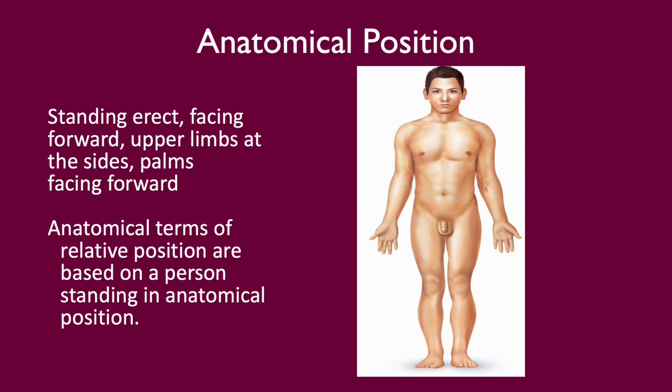Anatomical terms of relative position are based on a person standing in anatomical position. This is the correct way to stand. You will find this throughout your books for studying anatomy and physiology.